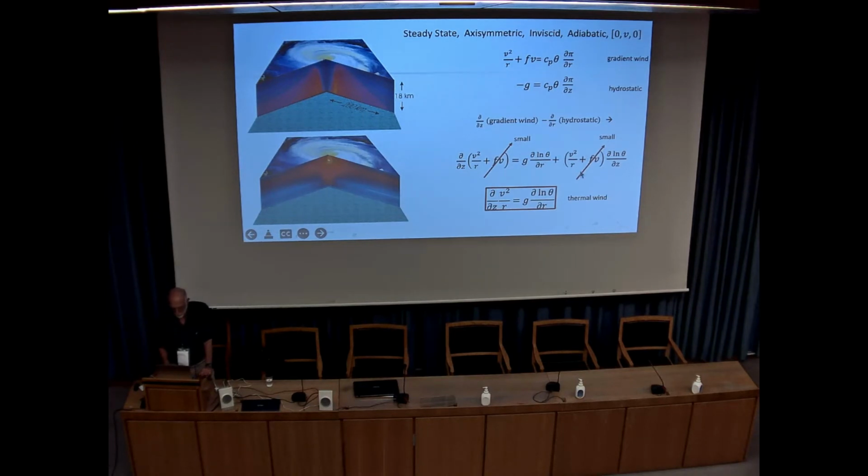These terms involving the Coriolis force are small, and in fact this whole term is small. And you get this. This is basically the thermal wind equation in cylindrical coordinates. And it tells you that when V squared decreases with height, you should expect that the temperature perturbation should decrease with radius. Right? So negative, negative.